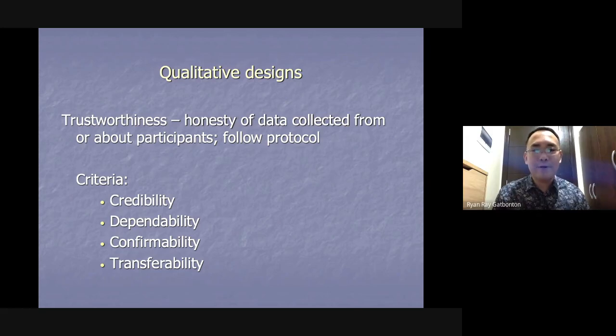The criteria for trustworthiness can come in the form of credibility, apat yun ha: credibility, dependability, confirmability, and transferability. So if you decide to do a qualitative study, in your chapter 3, I expect that there's a certain section where you assure the readers that you have addressed these 4 criteria of trustworthiness.